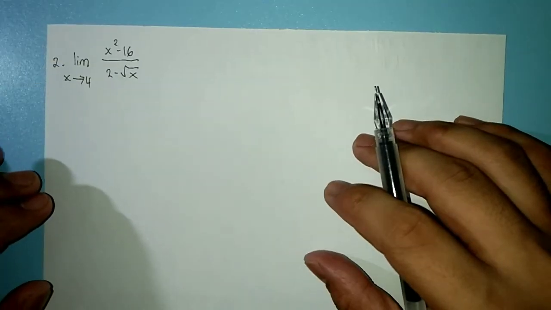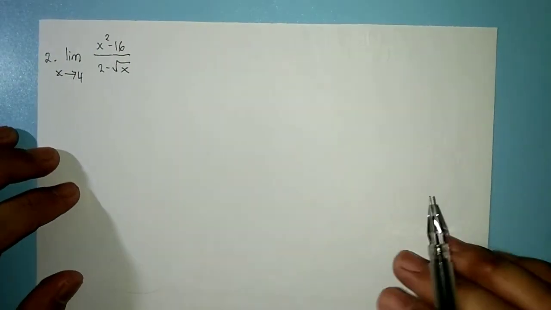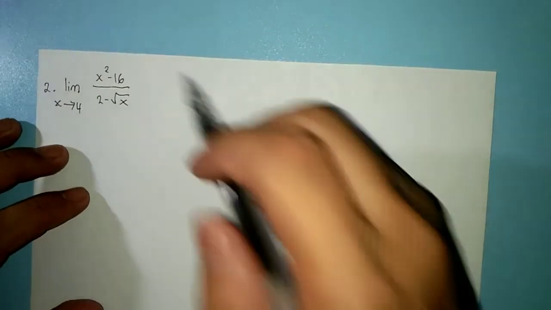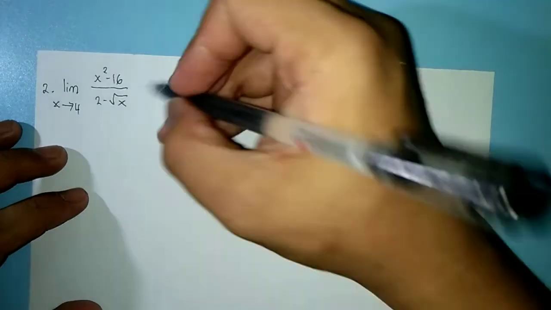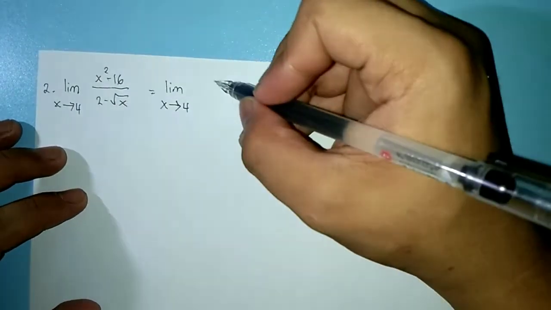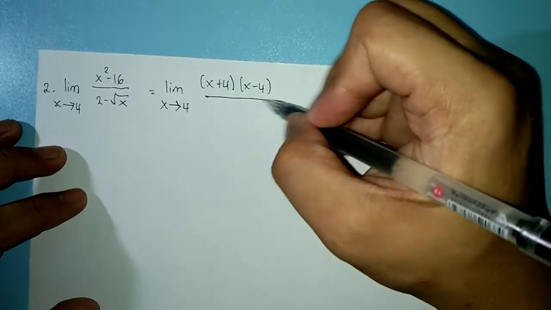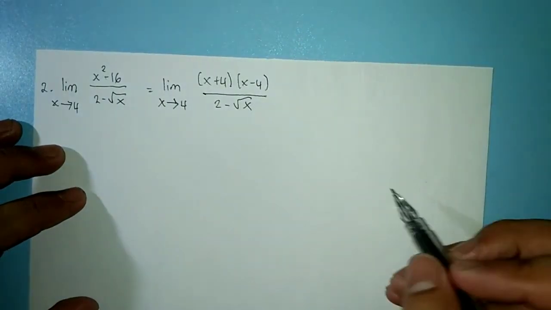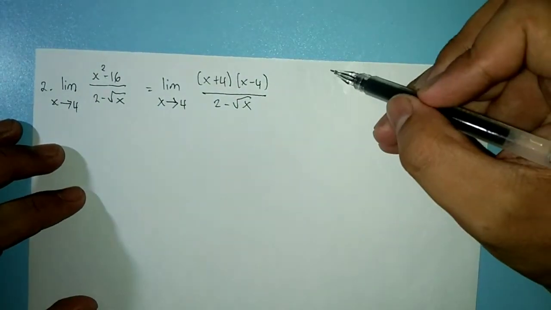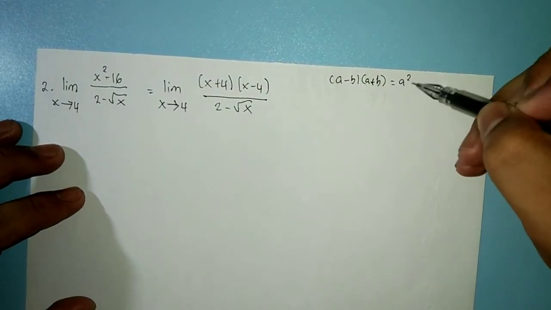Okay, so for another case, kung paano isolve to, pwede natin gamitan to nung unang strategy na ginawa natin last video. Kung meron sa inyo nakapansin, pwede nating i-factor na yung numerator kagad. Limit as x approaches 4. Ito magawin na kagad nating x plus 4, x minus 4 over 2 minus square root of x. Tapos ito, pwede pa rin natin gawing, kung matatandaan nyo, a minus b, a plus b, that is a squared minus b squared.